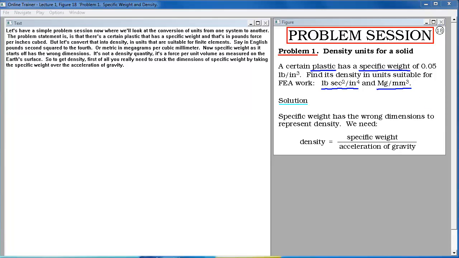Now, specific weight as it starts off has the wrong dimensions. It's not a density quantity, it's a force per unit volume as measured on the Earth's surface. So to get density, you need to correct the dimensions by taking the specific weight over the acceleration of gravity.